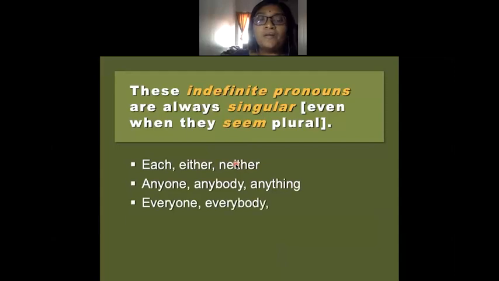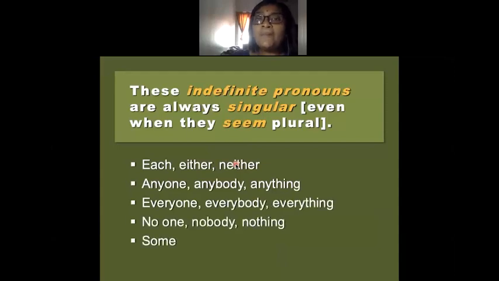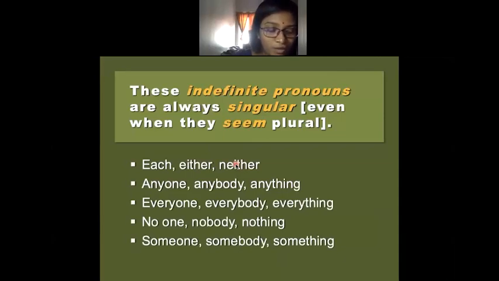So be very careful when you happen to see these indefinite pronouns like each, either, neither, anyone, anybody, anything, everybody, everyone, everything. What you have to do is always assume that they are singular, even though they look like plural.